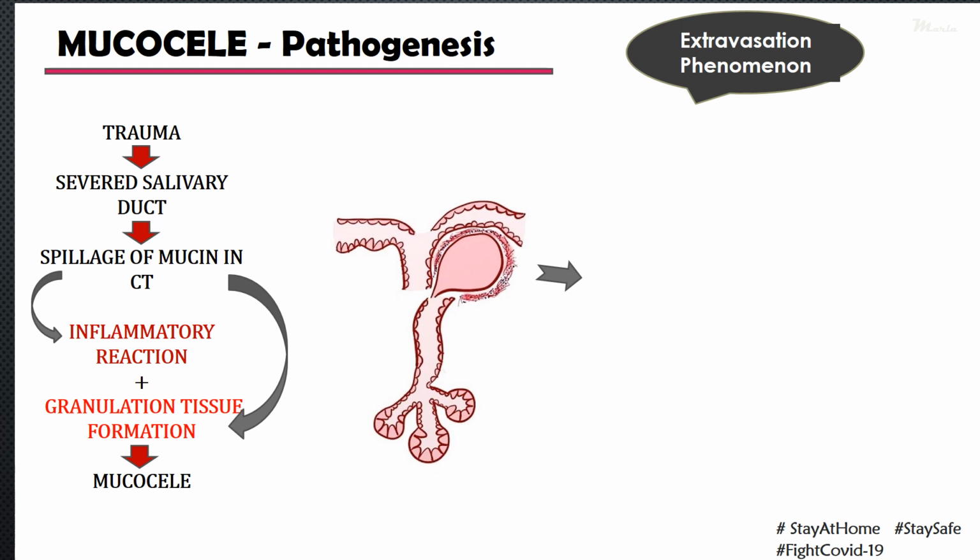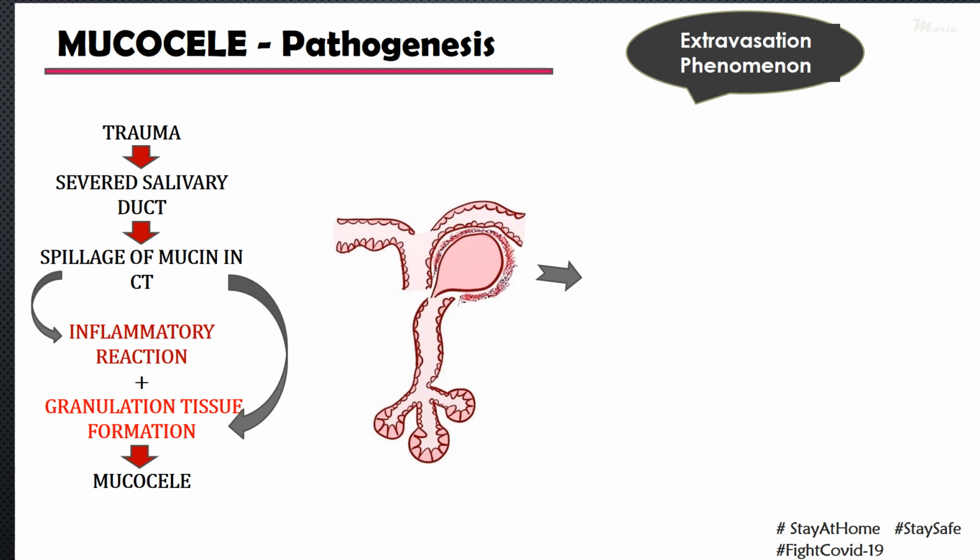So, in event of a trauma, there is a severance of the ductal system such that the salivary secretion is unable to be secreted into the oral cavity. Instead, this secretion is collected within the connective tissue, resulting in spillage of mucin into the connective tissue. When this occurs, two important events take place.